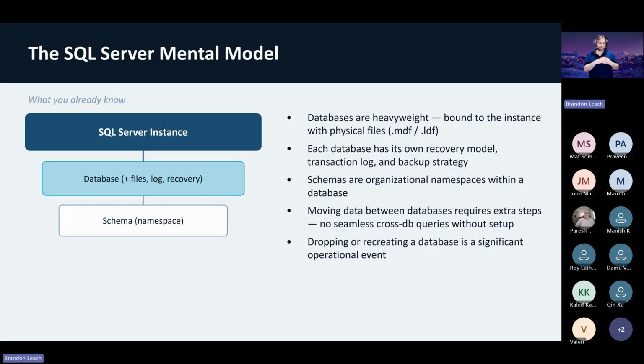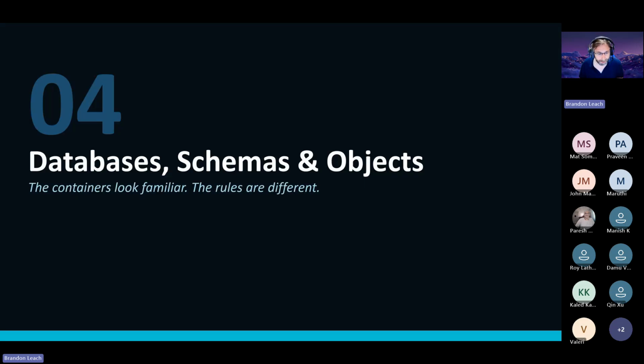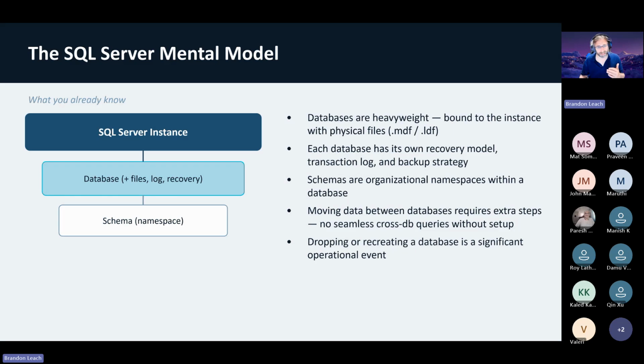So let's start talking about databases, schemas, and objects, because things look similar, but things are a little bit different. In SQL Server, our databases are essentially MDF and LDF files. Usually there's only a small number of them. Each database has its own recovery model, transaction log, and backup strategy.